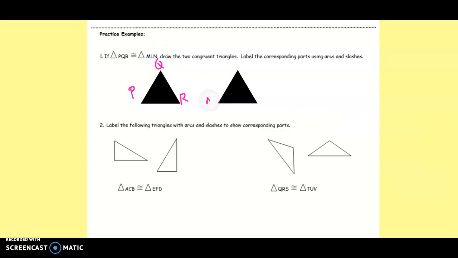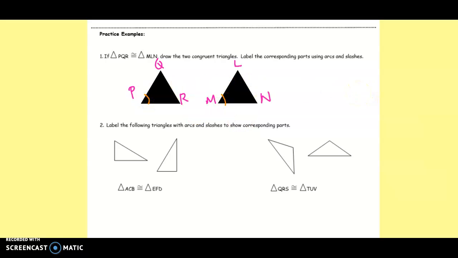So I'm going to start bottom left, top of my mountain, down to the bottom on the right. So that's the first step we're going to label. Then again, looking at arcs for our angles, just like we did before, P should match up with M, Q with L, R with N. You can tell by our statement. You can look at the pictures.